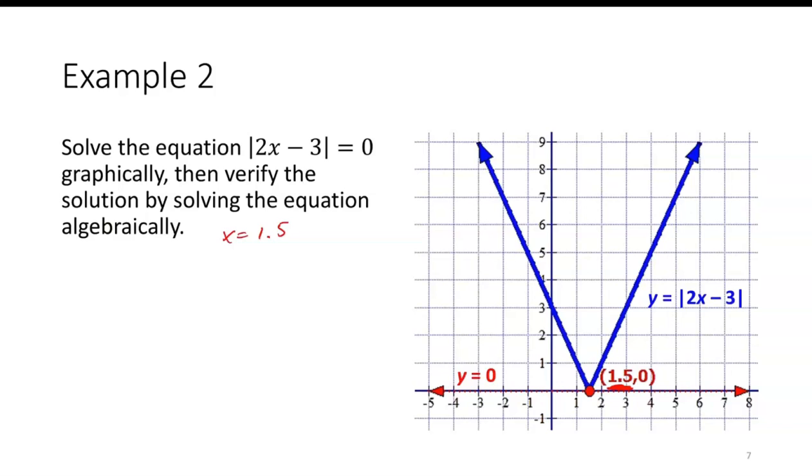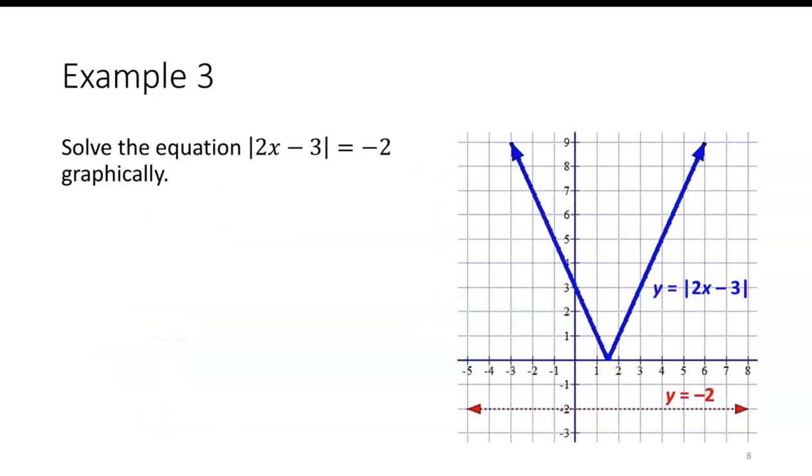Algebraically, the absolute value of 2x minus 3 equals 0 only occurs when 2x minus 3 is equal to 0. There's no plus or minus here, since minus 0 is the same thing as positive 0. Add 3, I'll have 2x is equal to 3, and then if I divide by 2, I have x equals 3 halves, or 1.5. So it checks either way.